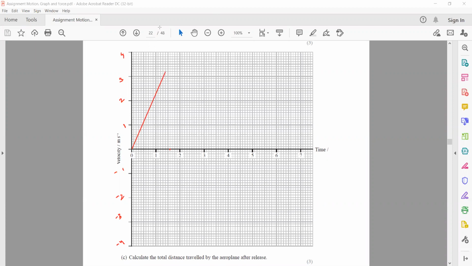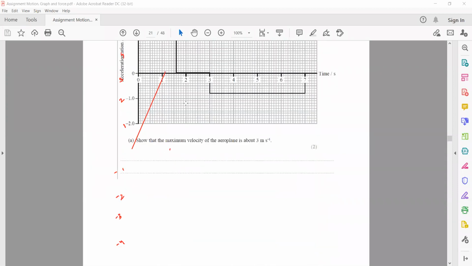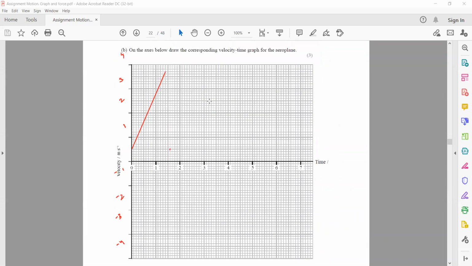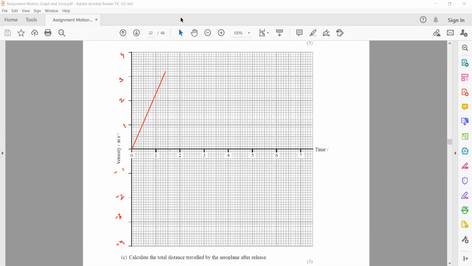Then you can see from 1.6 seconds to 3 seconds, it moved with zero acceleration. Zero acceleration means constant speed. So it moved with a constant speed of 3.2 from 1.6 seconds.